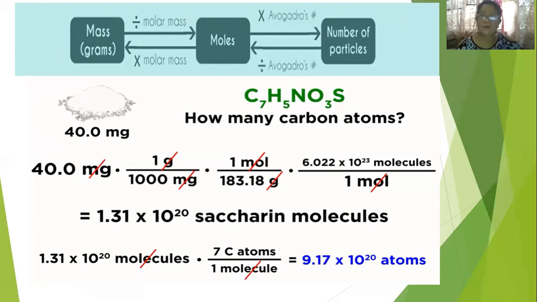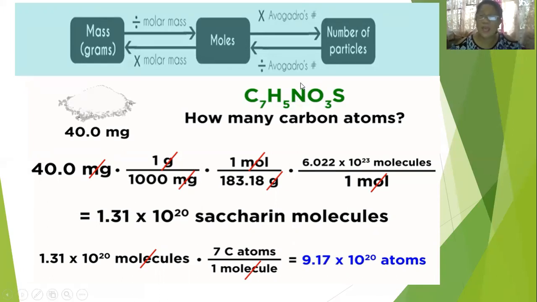Okay, so the first thing that you should do here is get first the molar mass. How are you going to get the molar mass? Okay, for carbon, that is 12 times 7, plus 5 times the molar mass of hydrogen, which is 1, 5 times 1, plus nitrogen, 1 atom times 14, that is the molar mass of nitrogen.